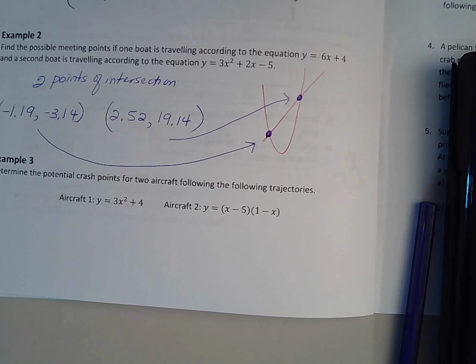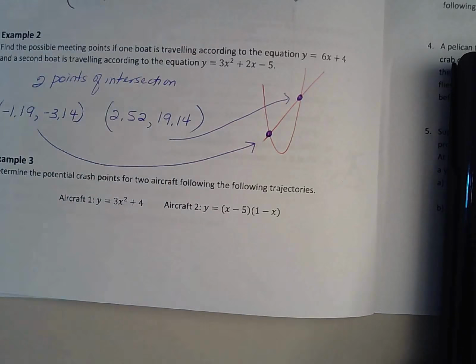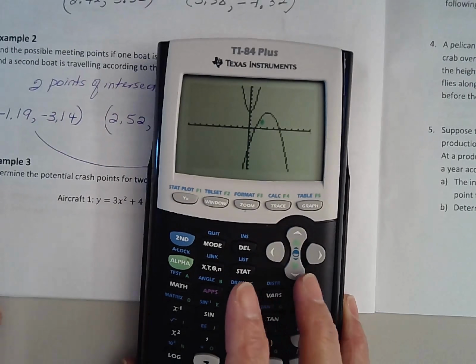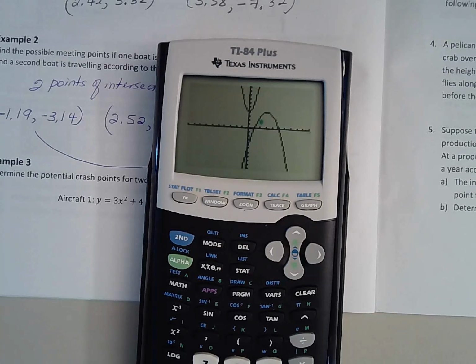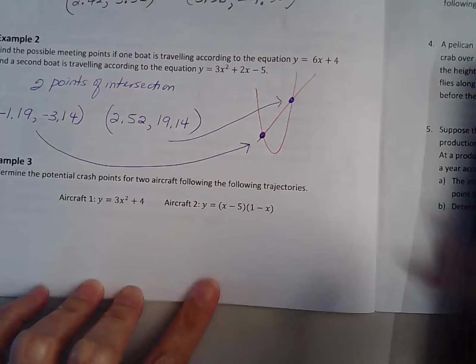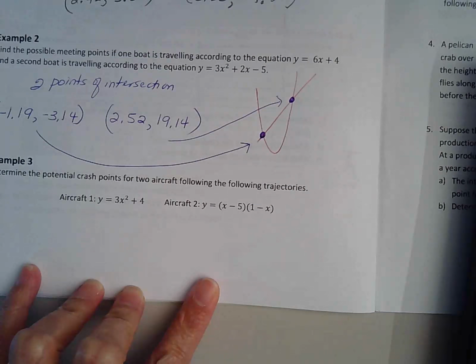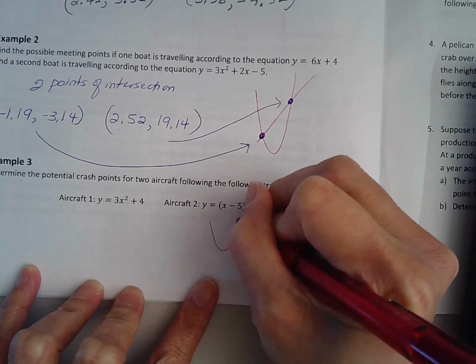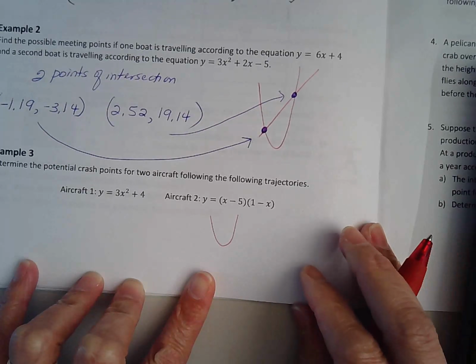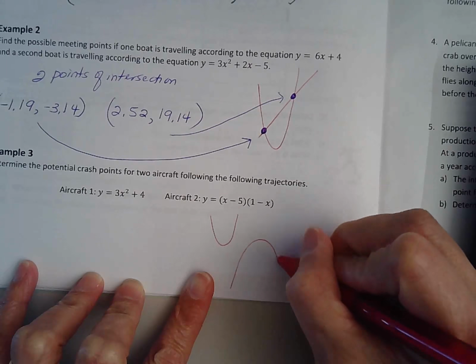Okay, so when you look at those two parabolas, this is what I got. Is there going to be a point of intersection there? One parabola goes this way, and the other parabola goes this way.